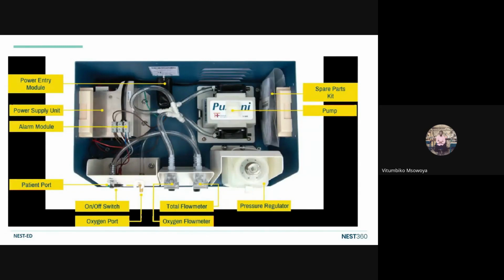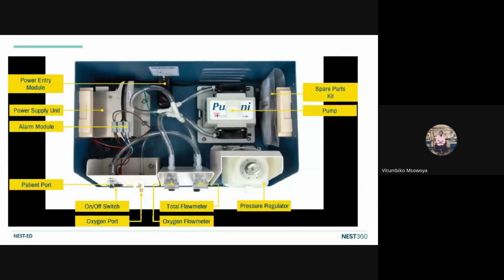The power supply unit is normally powered with 220 volts in Malawi. So the input is 220 volts and the output is 12 volts. That is DC 12 volts, which is supplied to the alarm module. The alarm module is also incorporated in this power supply unit, which is there to sound alarms whenever there's a power failure.